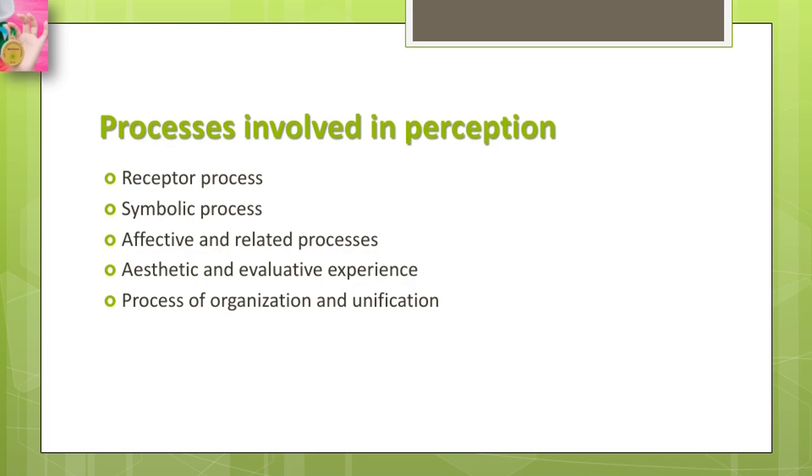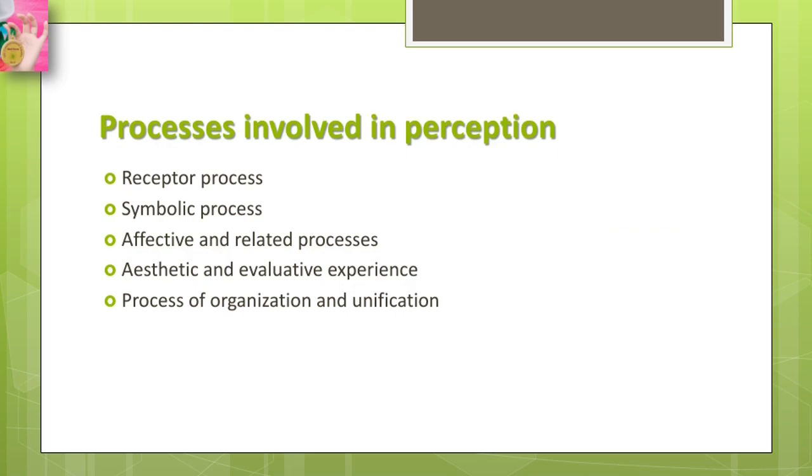There are also affective and related processes. Seeing a rose may arouse pleasant or unpleasant feelings, or neither of the two. It may appear affectionate or arouse disgust, depending upon the associated feelings with the object being perceived at the moment.